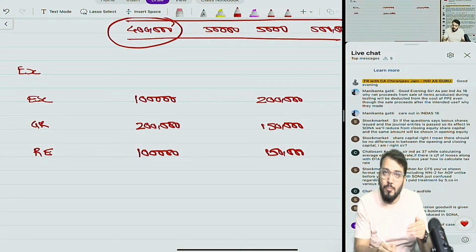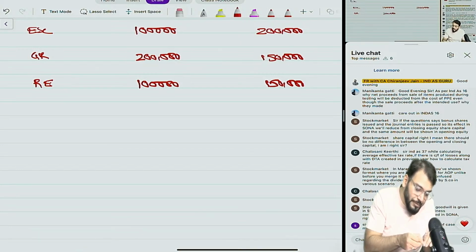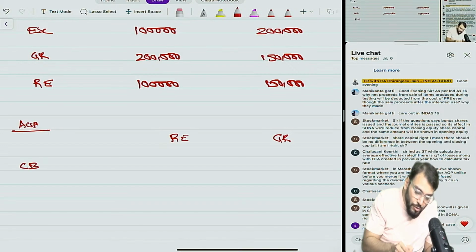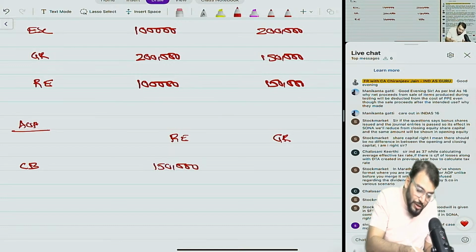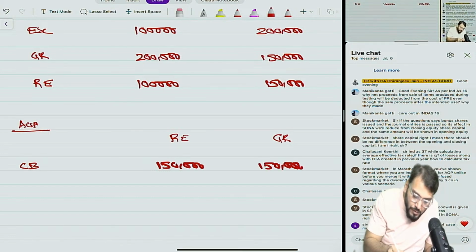And now the same adjustment: bonus shares were declared, and the journal entry has been made. So in this case, how will you prepare AOP? Tell me. Now AOP will be what? We will take retained earning, general reserve, closing balance. Closing balance is 1,50,000. General reserve also 1,50,000.